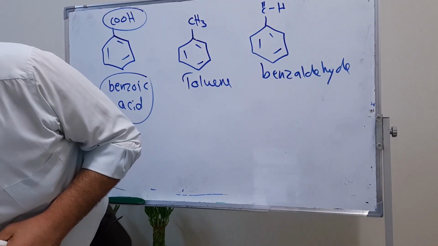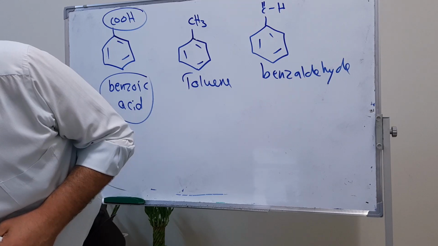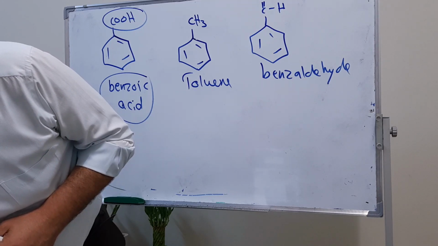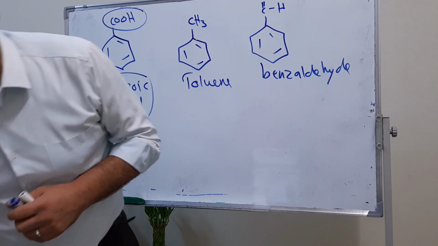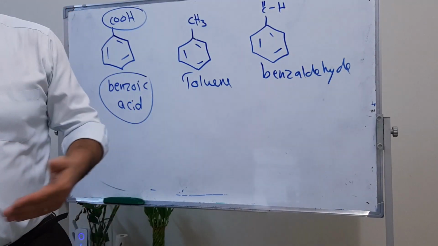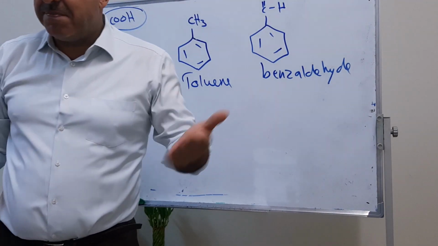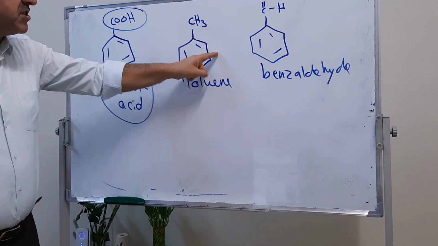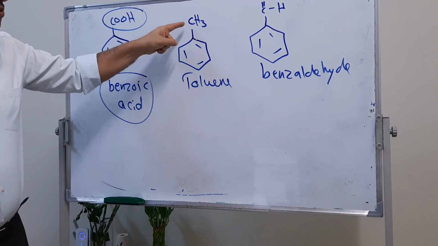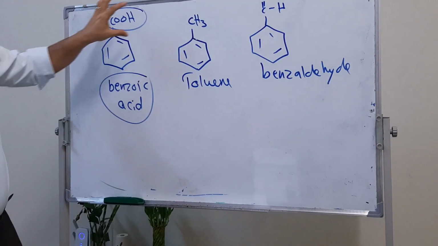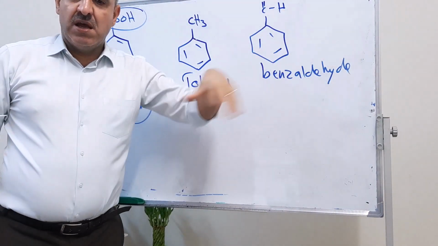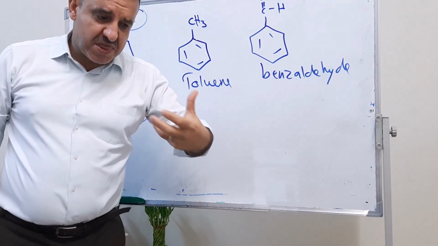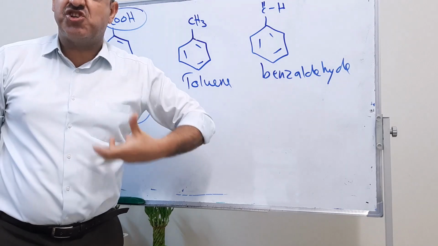Got the point? Yes, of course, it can be attached to more than one thing. We will come to this in the next slide. Definitely, it can be attached to 6 substituents, as you can see. It's not just one. But as I said, these monosubstituents, when they attach to the benzene, change the name.